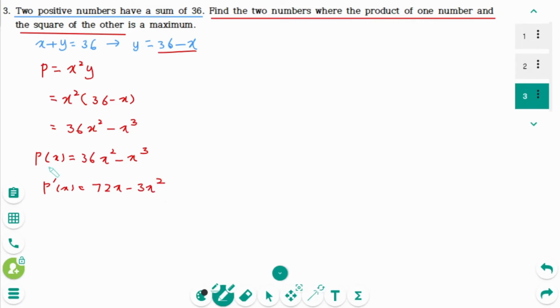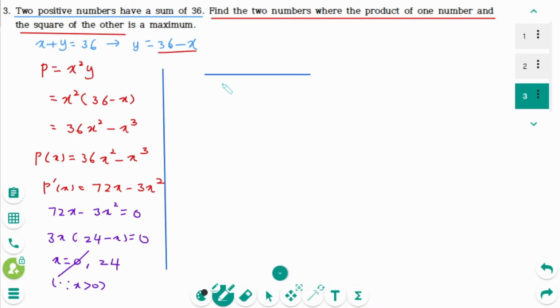To find the critical numbers, we equate the derivative to 0. So 72x minus 3x squared equals 0. To factor, take out the common factor, which is 3x, then 24 minus x equals 0. Then x equals 0 and 24, but 0 is rejected because x is greater than 0.